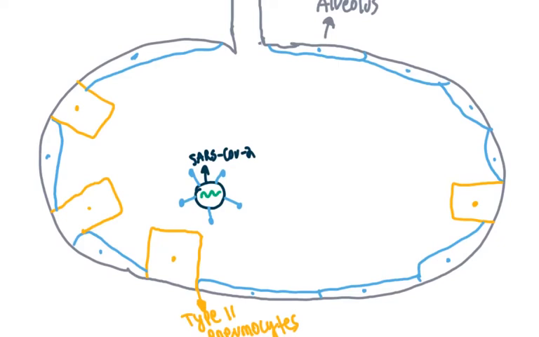And when it destroys this type 2 pneumocyte, we're going to see inflammatory cytokines released by the pneumocyte as it's being destroyed. We're going to see many inflammatory molecules released, and these inflammatory cytokines are then going to trigger the alveolar macrophages.